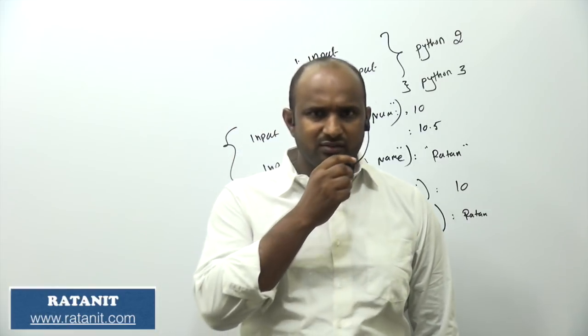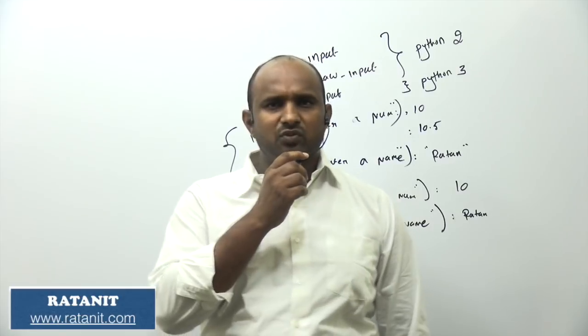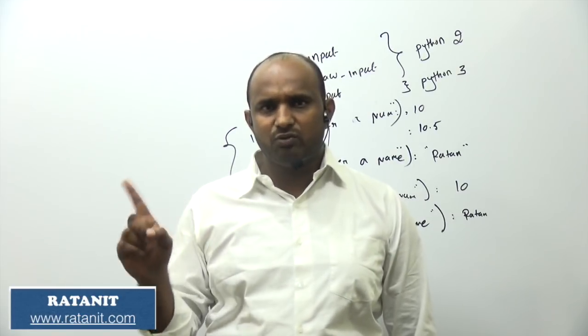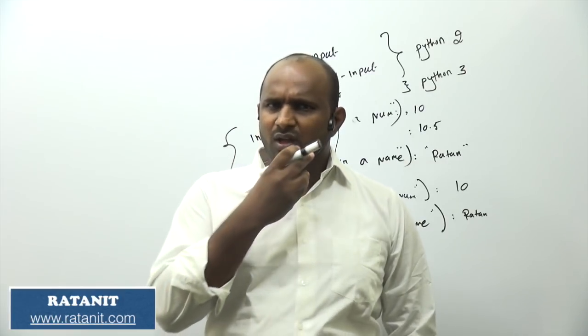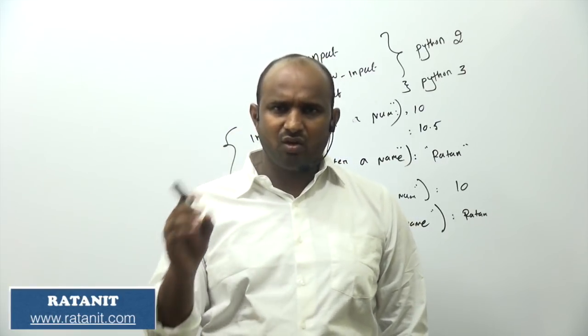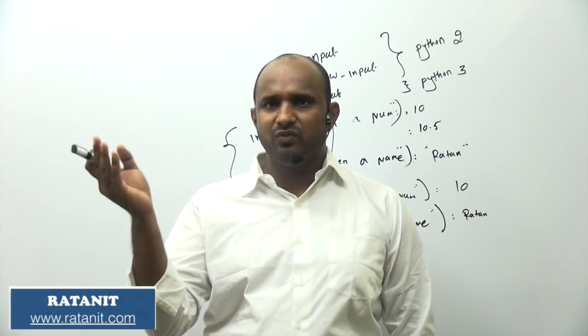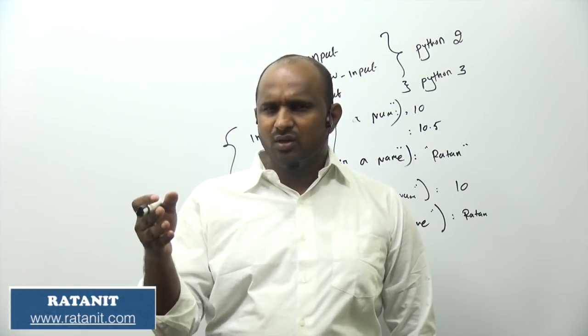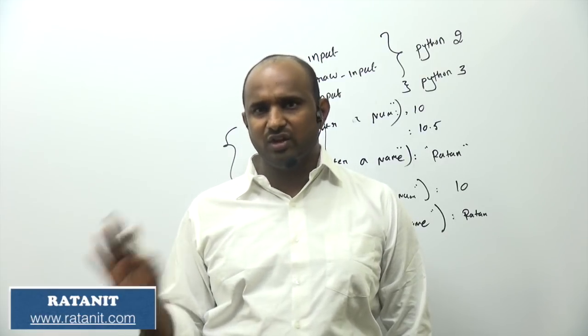I hope it is clear. How many ways are there to take the input from the keyboard? In Python 2 we have two ways: the input function and the raw input function. The input function will take any type of data, and whichever type we enter, that type will be stored. Raw input will take the data only in string format.